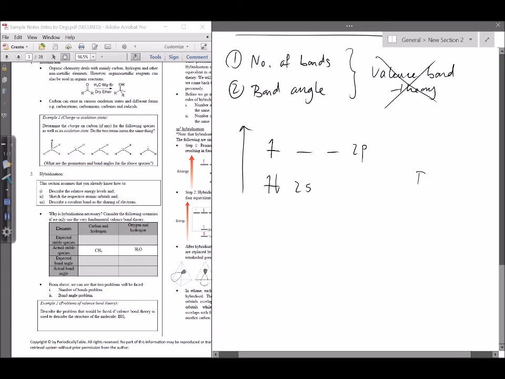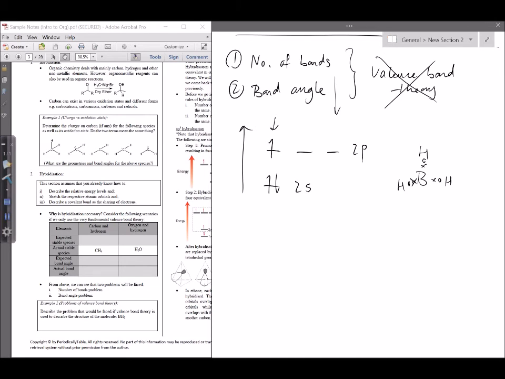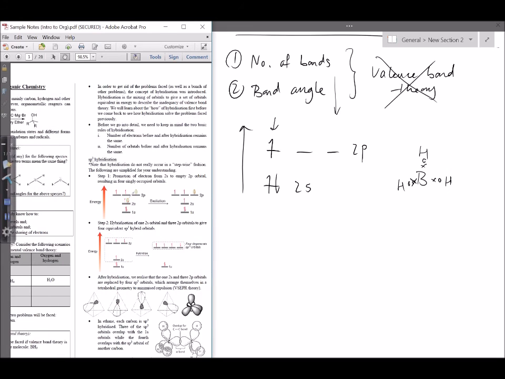So we know that in order to form BH3, boron needs to have 3 unpaired electrons, but for now there's only 1 unpaired electron. So by only using valence bond theory, we encounter the first problem, which is the number of bonds problem, right? Because we need to form 3, yet we can only form 1.